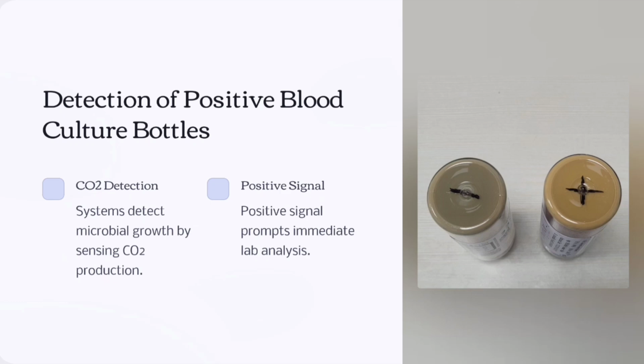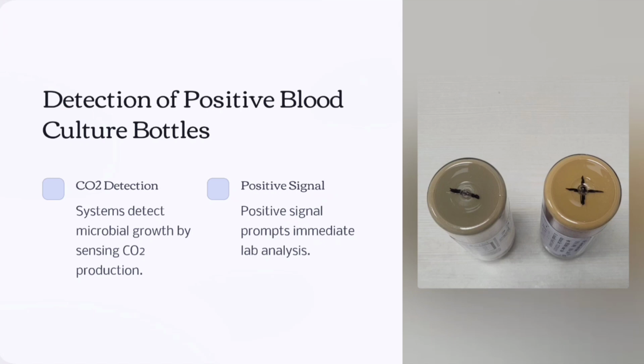Now, if you look at this picture, you can see the colors are different. The bottle with the positive sign has flashed something, and the one with the negative sign has not flashed anything. When we say a blood culture has flashed, that means some growth is detected in the blood culture, and this flash is given by the automated machine itself, and that's why the color changes.